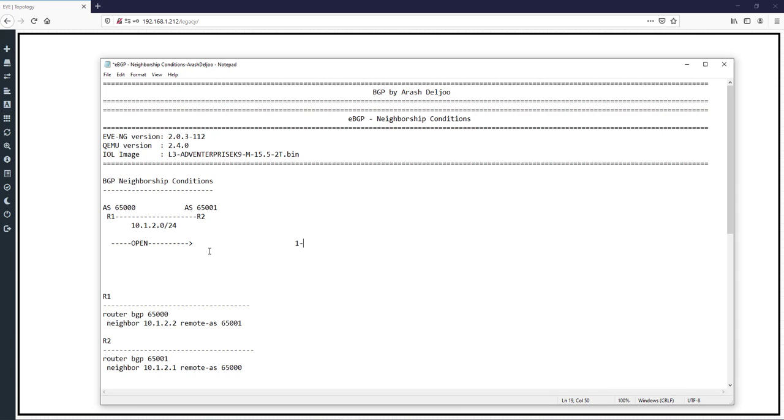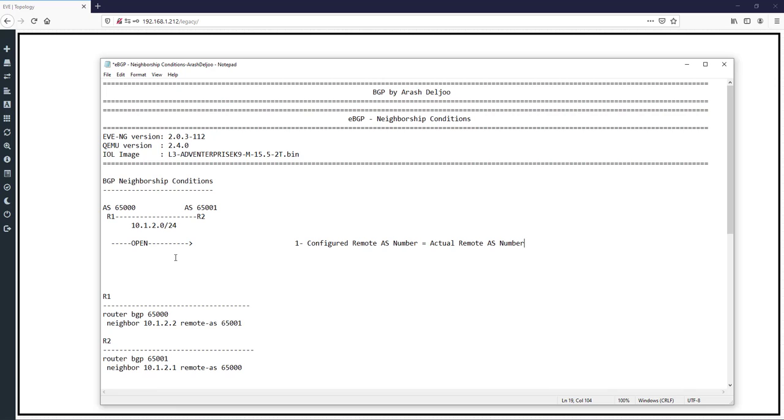Which conditions? First, the configured remote AS number should be the same as the actual remote AS number. What does it mean?